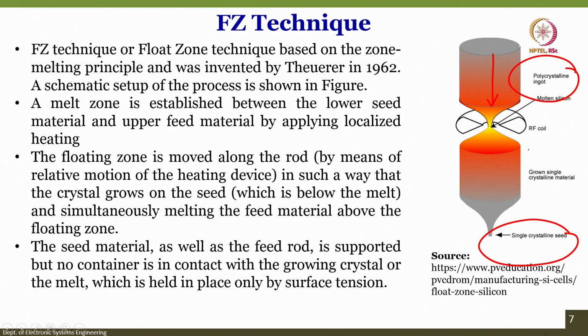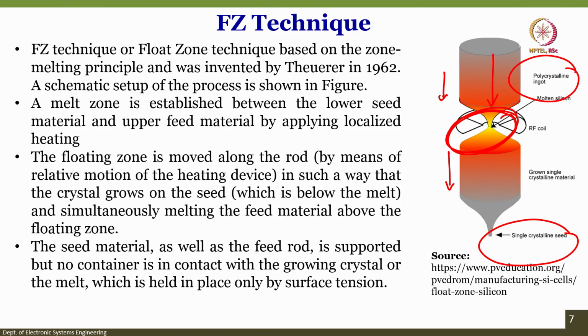As I told you, the lower seed material and the upper feed material: this is the feed material, this is the seed material, and the molten zone is created exactly between the two with the help of heating. The seed material as well as the feed rod is supported, but no container is in contact with the growing crystal or the melt, which is held in place only by surface tension.